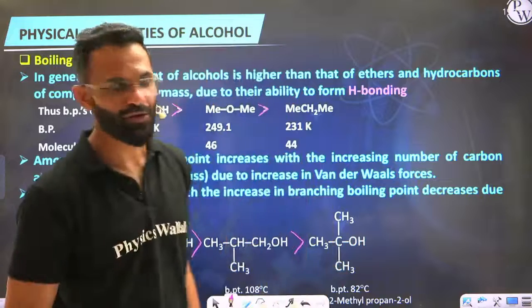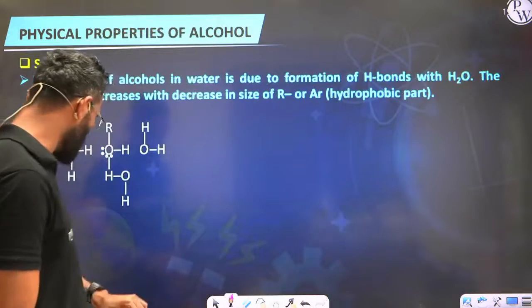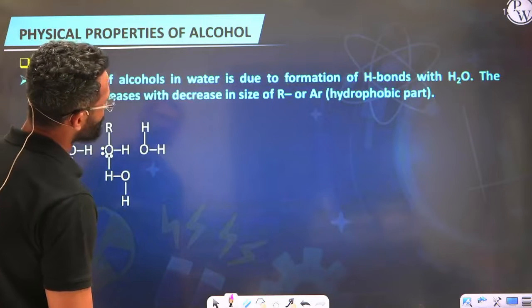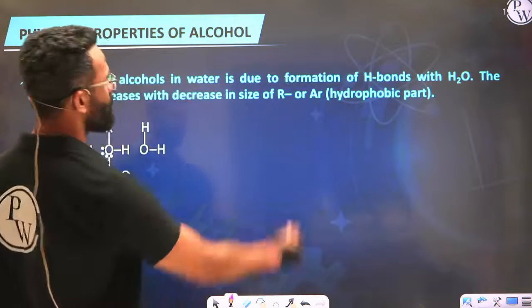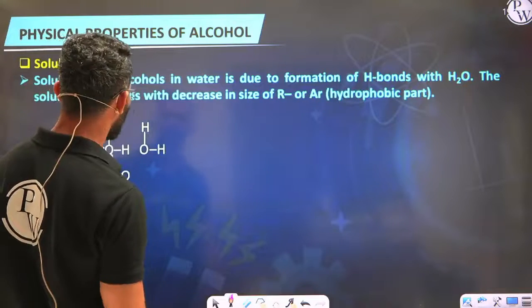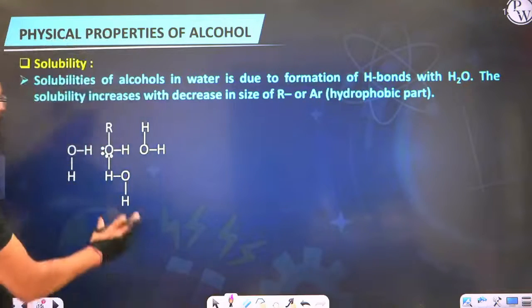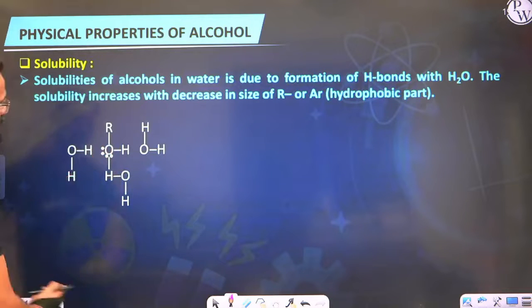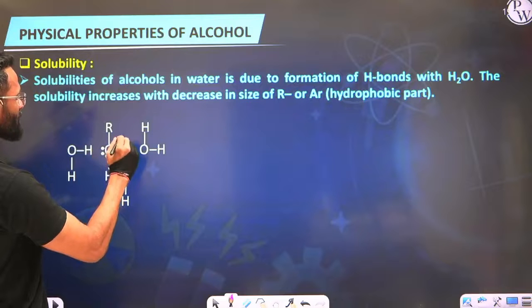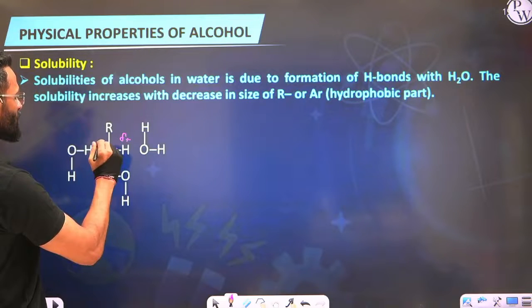But before that, let's also talk about the second property, that is solubility. Solubility of alcohols in water is due to formation of hydrogen bonds with water. We are all aware that if we put an alcohol in water, in the alcohol, O is more electronegative, so it has delta plus charge on hydrogen and oxygen has delta minus charge.